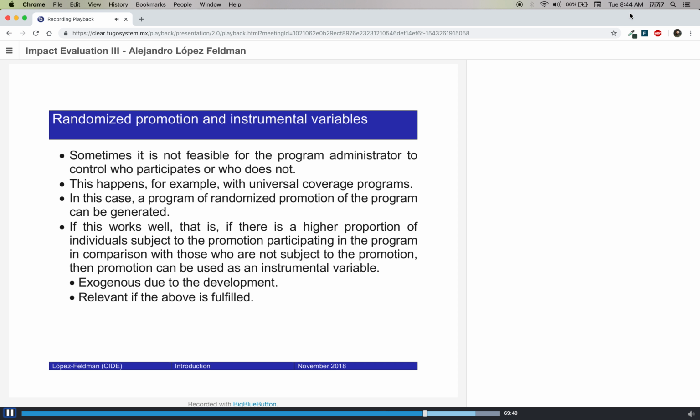So these are two ways in which we can use instrumental variables, maybe because randomization was not conducted in a good way, or maybe I randomized promotion and not assignment.